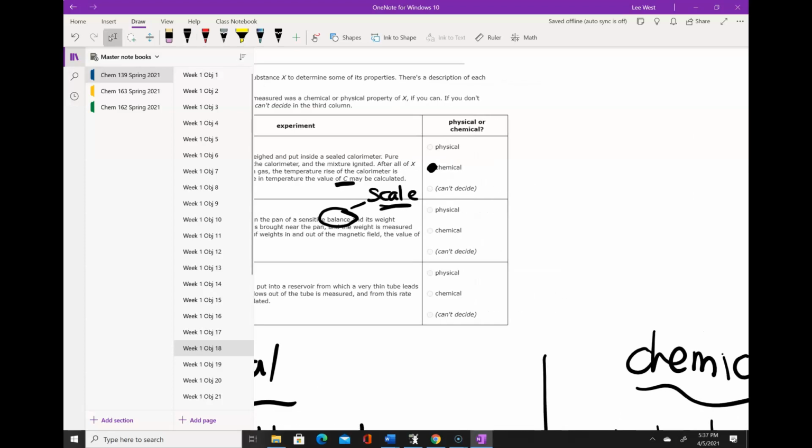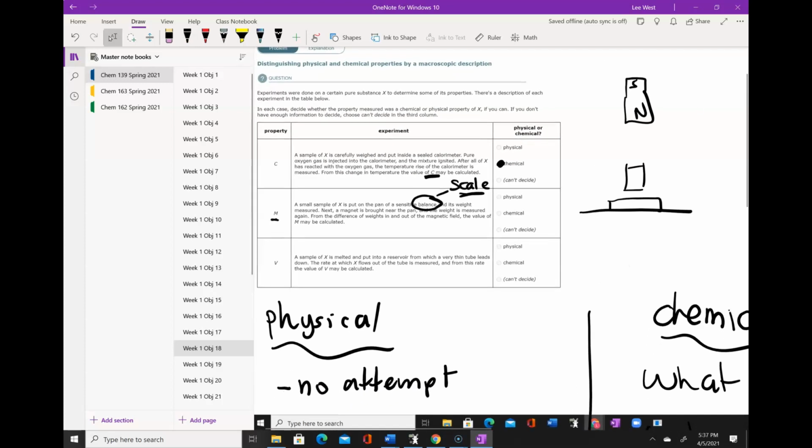So this is pretty cool, right? You've got a scale, there it is, and then you put an object on it, and then you hold a magnet near it, right? And you measure the weight again. So clearly, if it's attracted to the magnet, it's going to weigh less. If it's repelled by the magnet, it's going to weigh more, right? So that makes sense, doesn't it? And if it was attracted enough, it would end up reading 0 for the mass.